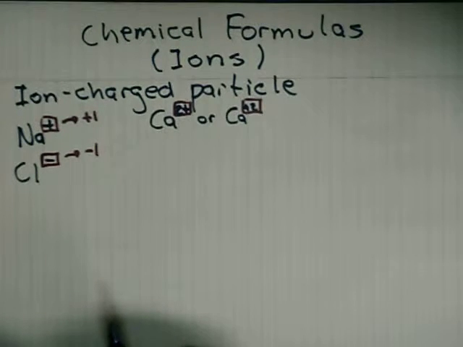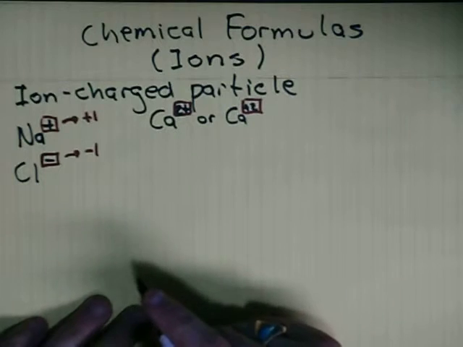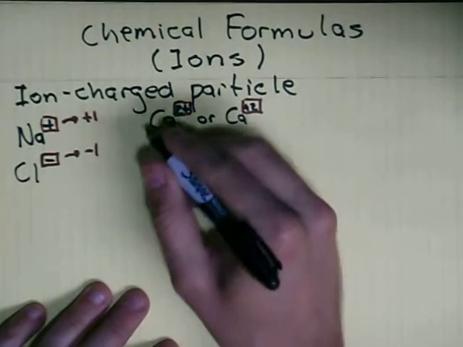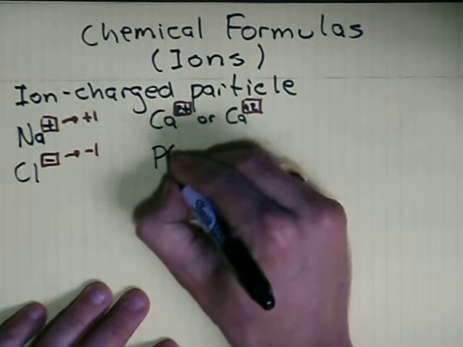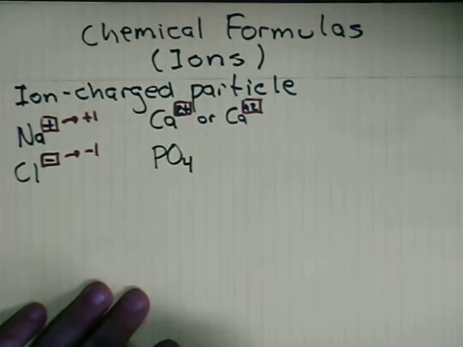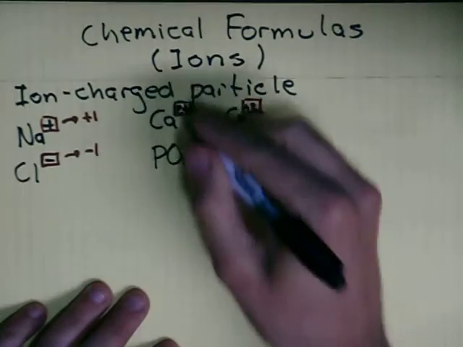So, last time, a couple of the other examples that we talked about were, we had mentioned phosphate. Sorry, we didn't mention phosphate, but I'll go ahead and start out now. So phosphate is PO4, and phosphate has a -3 charge.